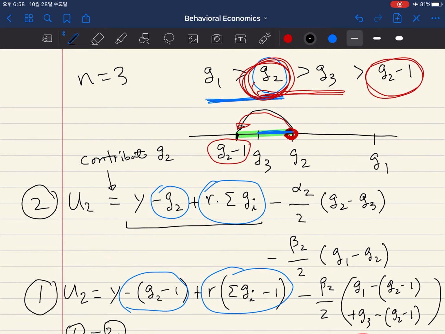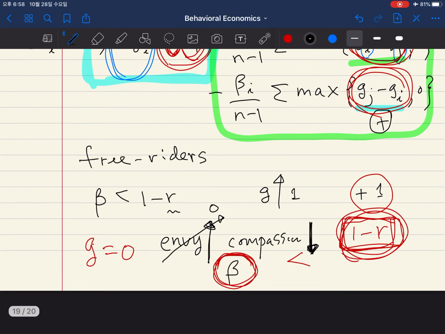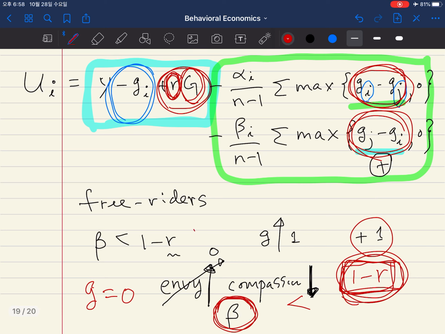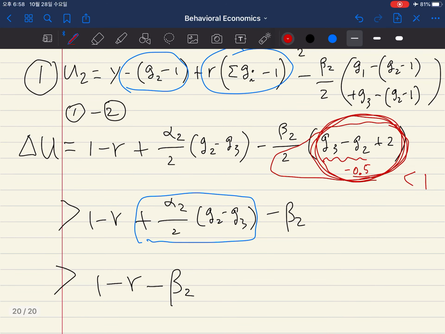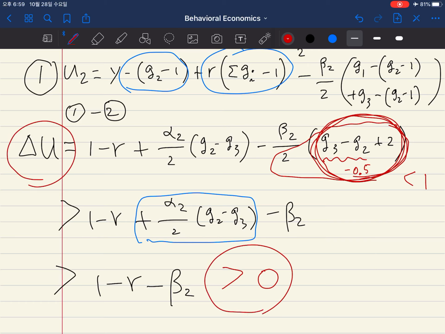So as we said before, if we use this inequality, if we think about some individual with beta less than 1 minus r, we know that this is positive. Therefore, it means the utility change is positive.